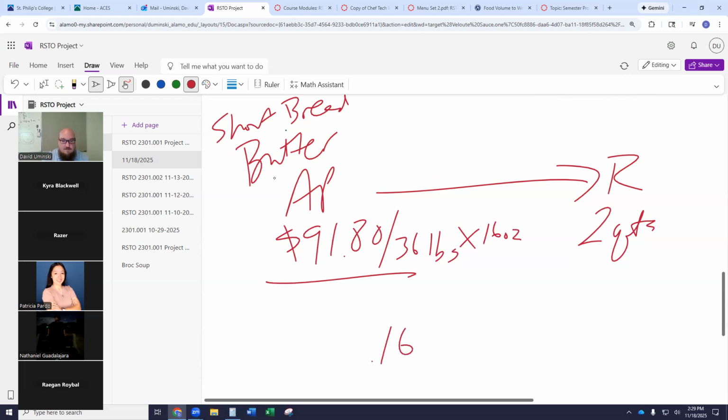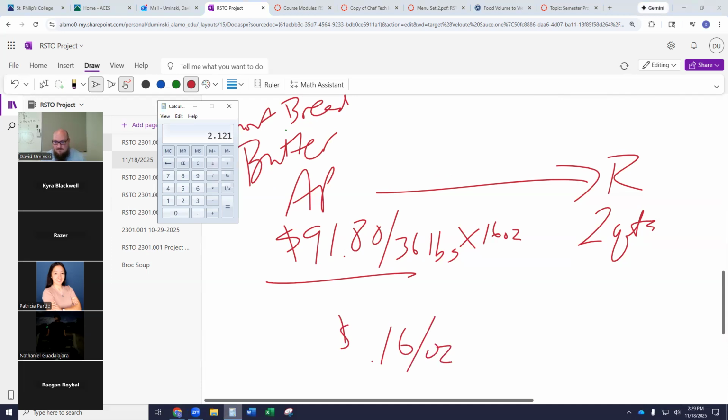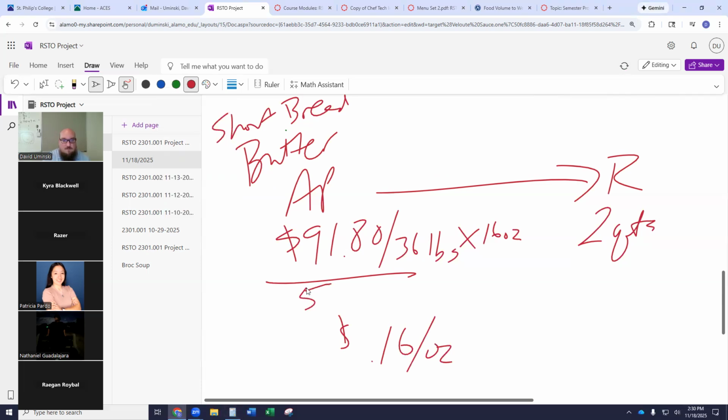Then I went through the volume to weight conversion, and that got me 64.04 ounces. So I did the math with 64.04 ounces, and the math is not the right answer.